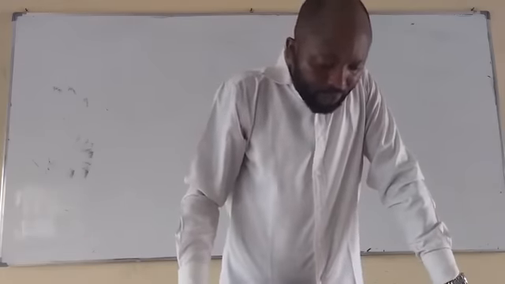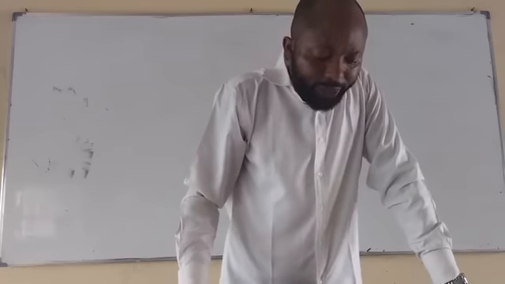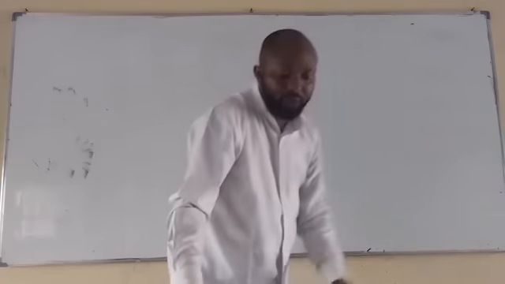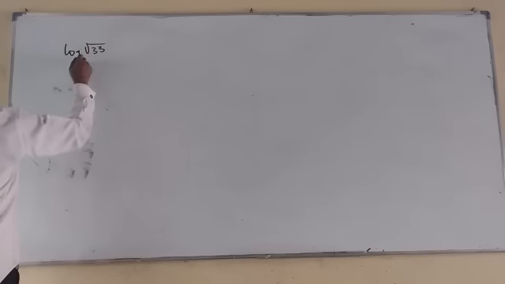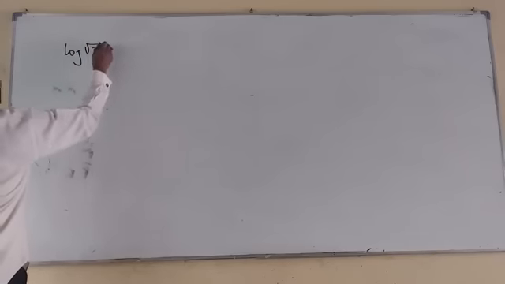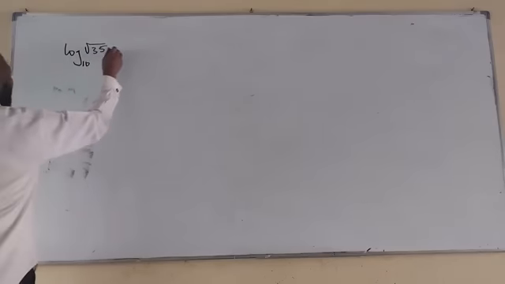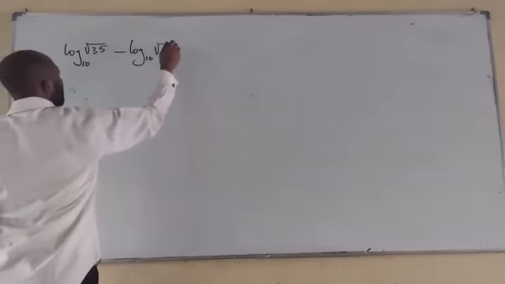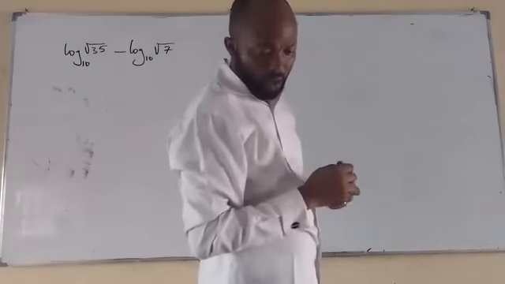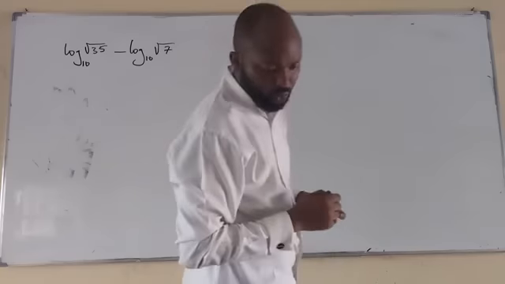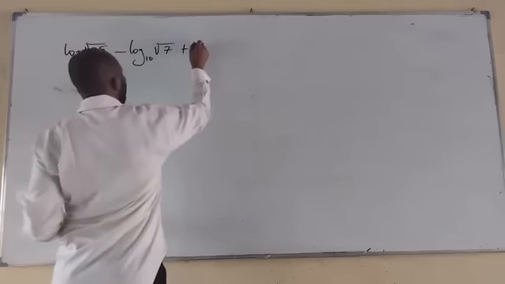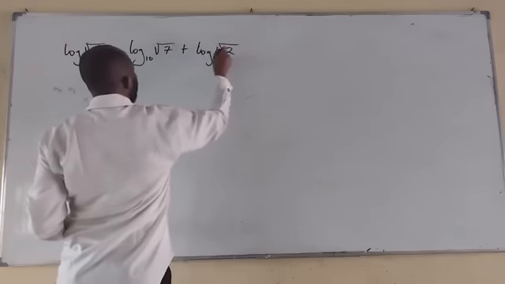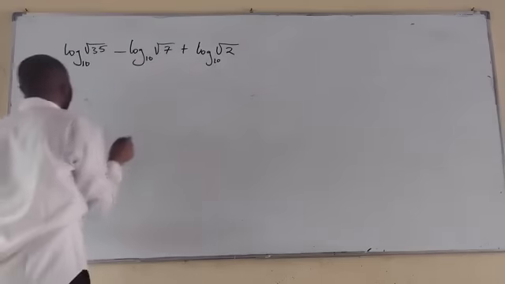Okay, let's take log root 35 minus log root 7 plus log root 2, all in base 10. So we still do the same thing.